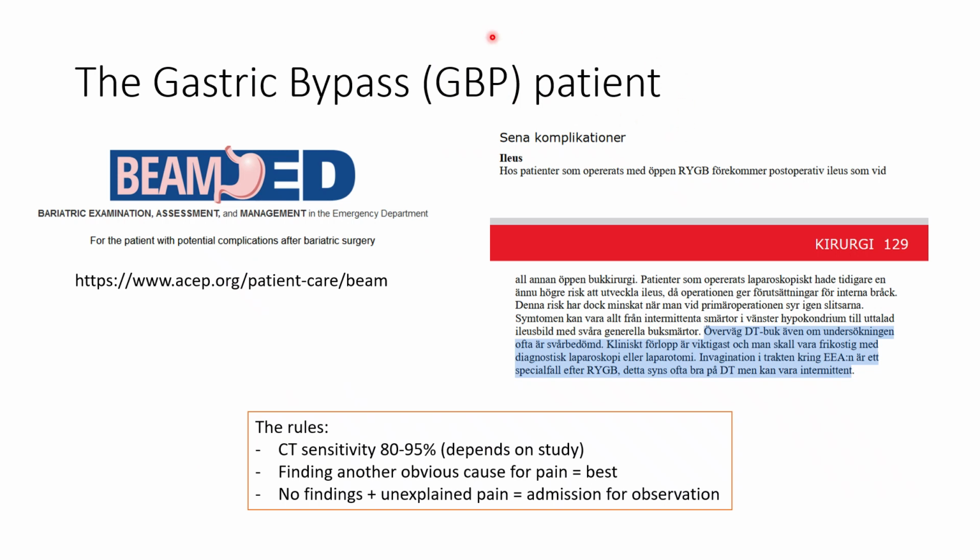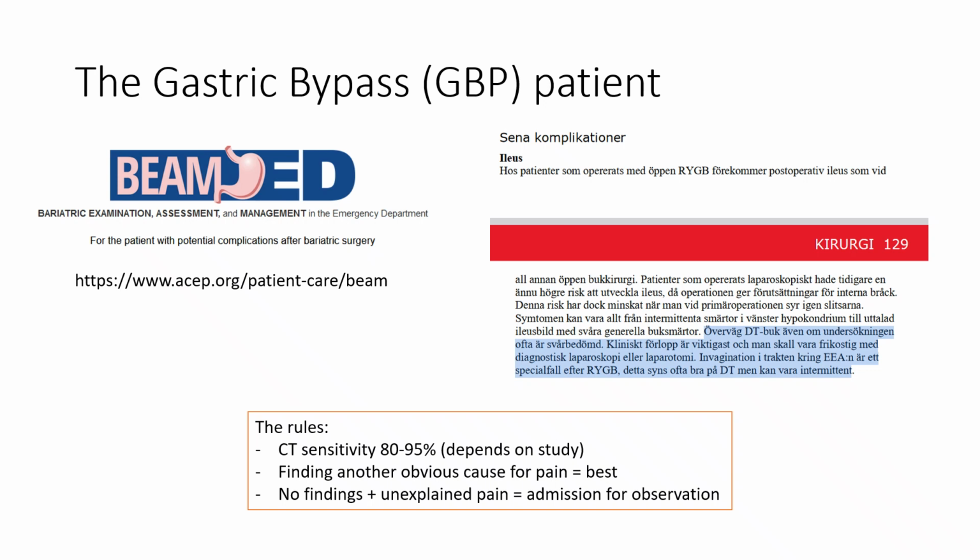Who's the patient? Well, the gastric bypass patient is a chapter of its own. The ACEP, the American College of Emergency Physicians, has made their entire own homepage in collaboration with the bariatric organization in the United States, because it's such a complex group to take care of.